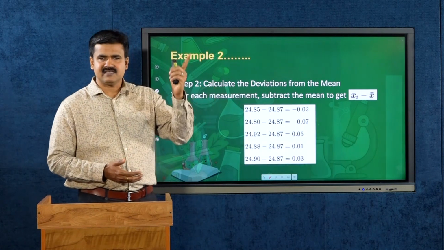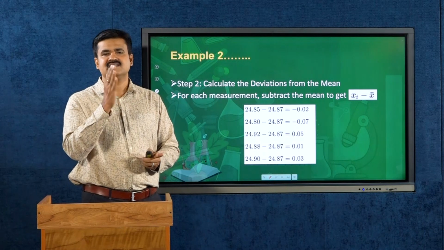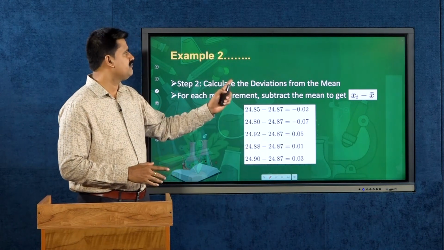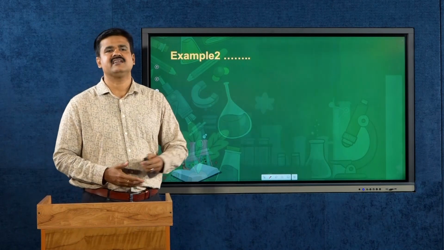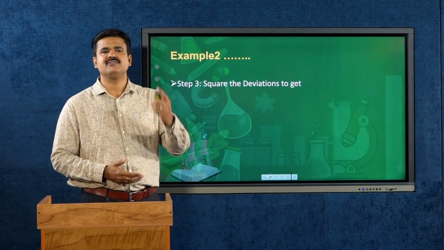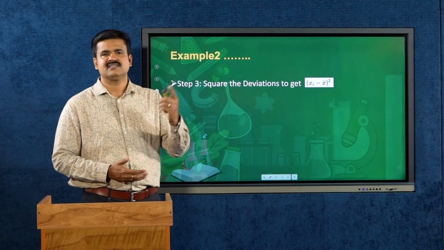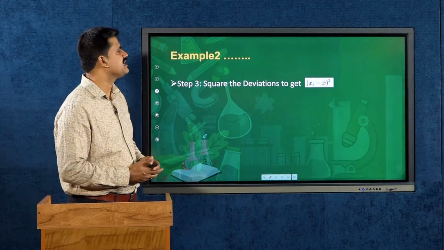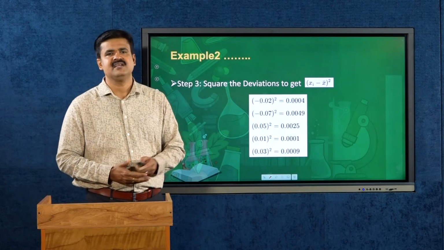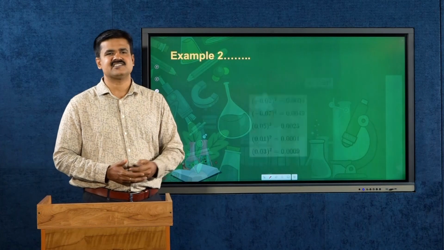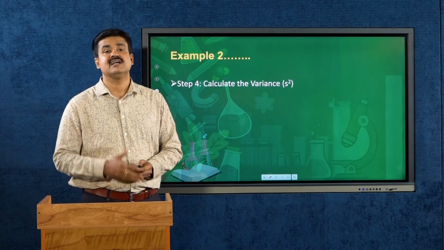You have to take each individual measurement and subtract the mean from that value to get the deviation from the mean. And in the third step, you have to square these deviations, and the data obtained is xi minus x bar, the whole square.